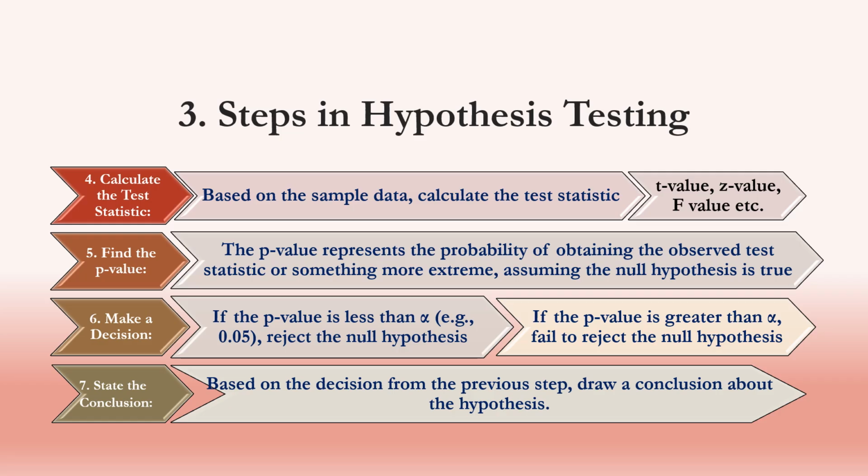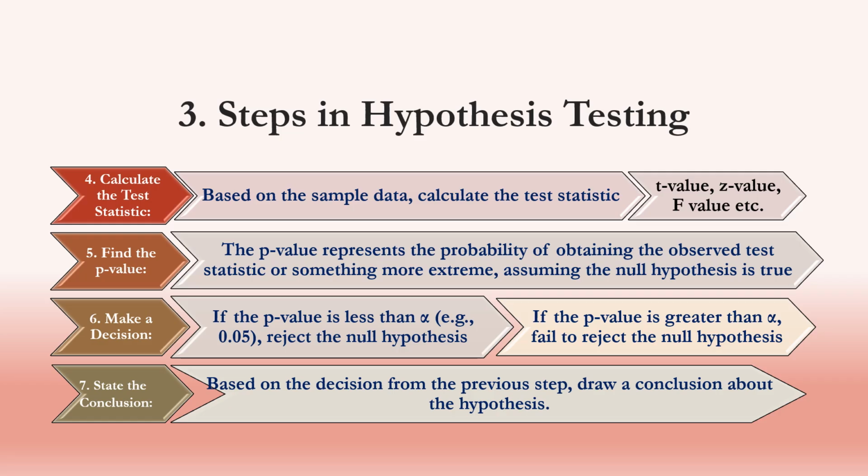Based on the decision from the previous step, draw a conclusion about the hypothesis. This conclusion should clearly answer whether or not the null hypothesis is rejected and whether the alternative hypothesis is supported. For example, if the null hypothesis is rejected, we conclude that the sample data provides sufficient evidence to support the alternative hypothesis.